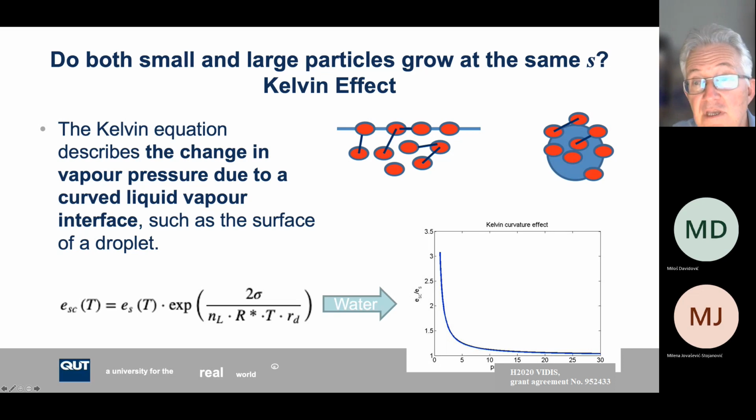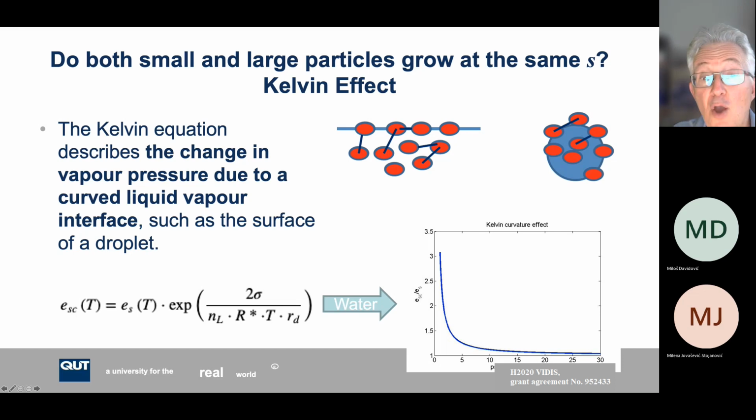That would mean that to keep the same number of molecules in a droplet, I need to have more molecules surrounding it, so when one leaves, one replaces, two leave, two replace, than I would have on a flat surface. And that's expressed through the Kelvin equation, which says that the saturation vapor pressure for a curved surface at a temperature T is proportional to the saturation vapor pressure of a flat surface times an exponent.